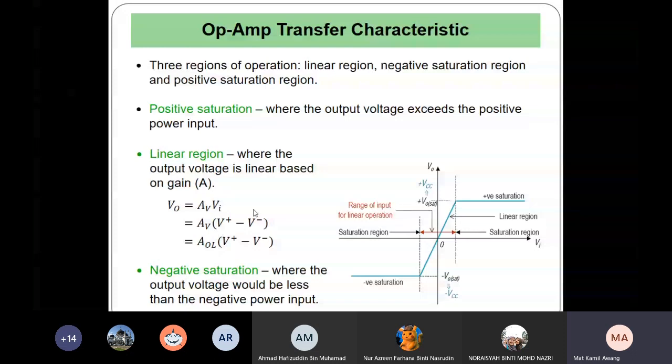This is the non-inverting input terminal minus the inverting input terminal, because V in is the difference between these two. So this is equal to the open loop gain multiplied by V plus minus V minus. This is the formula for the output of the OpAmp. Any questions so far?